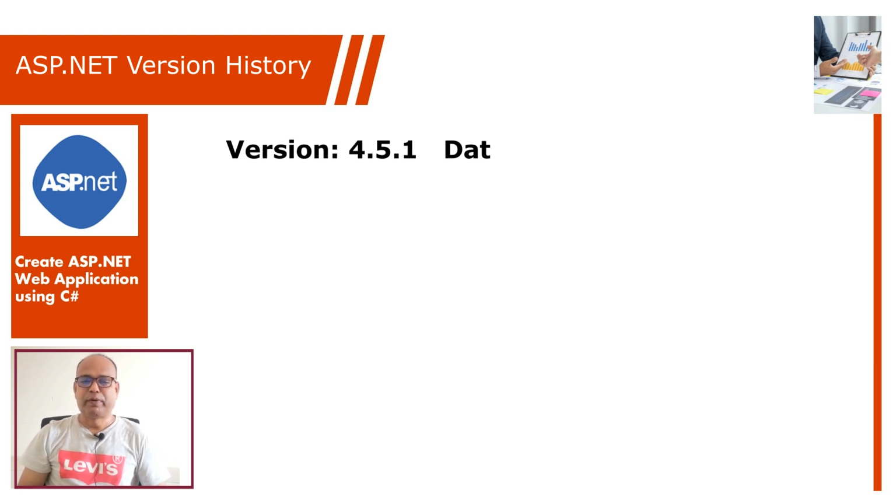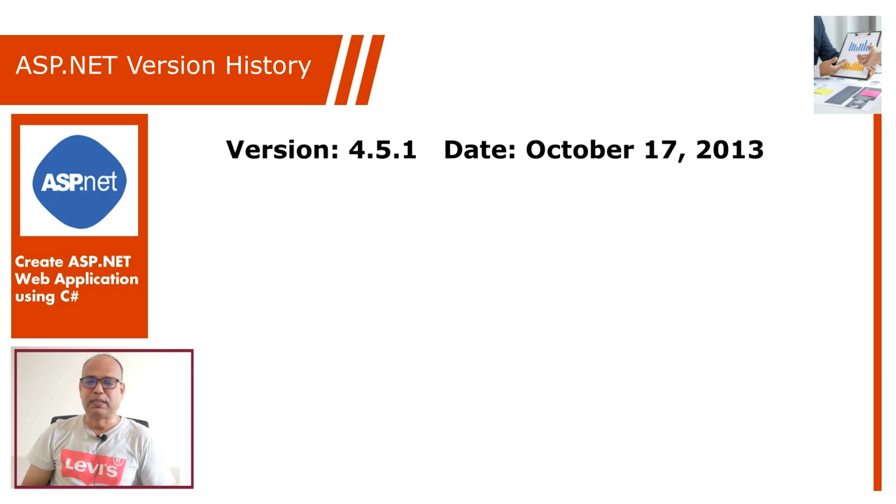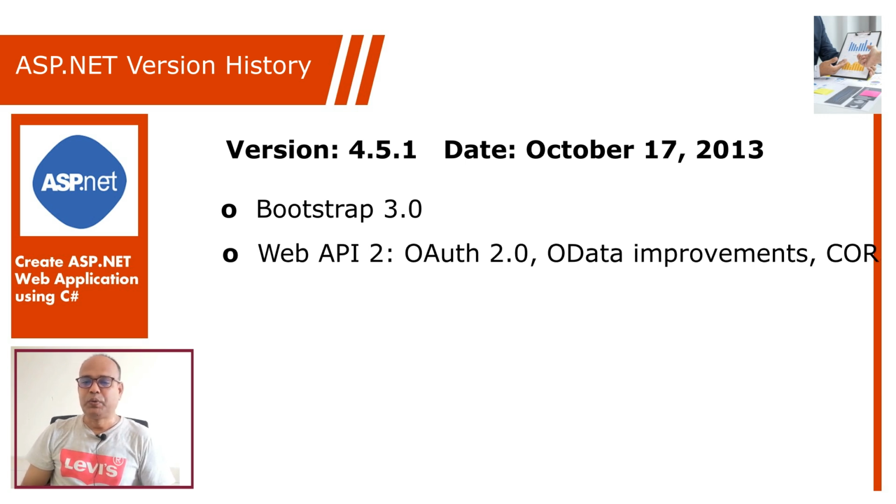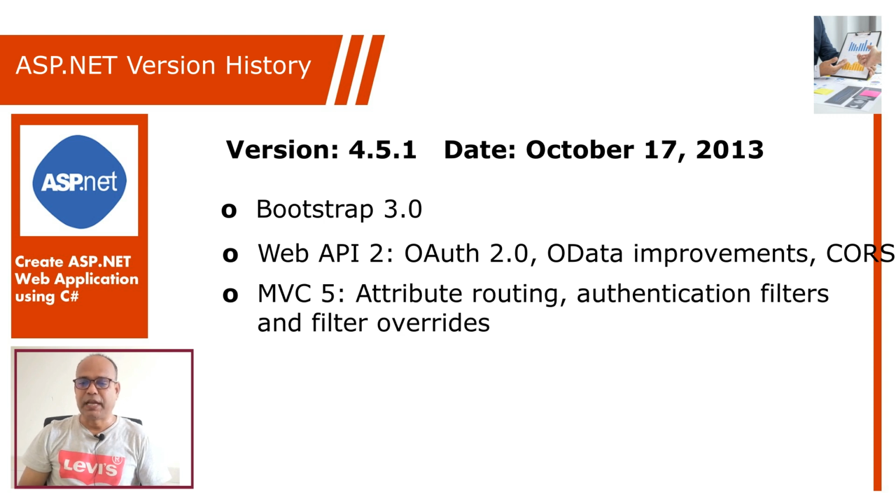The version 4.5.1 was released October 17, 2013 with new features: Bootstrap 3.0, Web API 2, Auth 2.0, OData improvements, CORS, MVC5, attribute routing, authentication filters and filter overrides, EF6 (Entity Framework 6), SignalR.